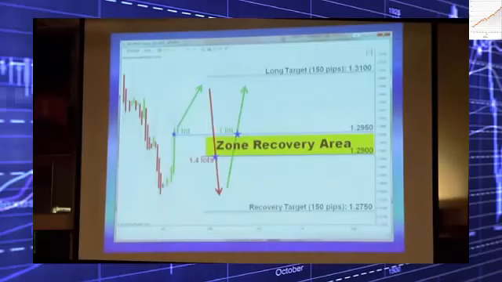So if I don't hit this target and the market reverses and heads back, then I will place another trade down here at 1.4 lots. Now do the math with me. I have 2 lots. If I hit this target, 2 lots, each of them 200 pips down, that's minus 400.